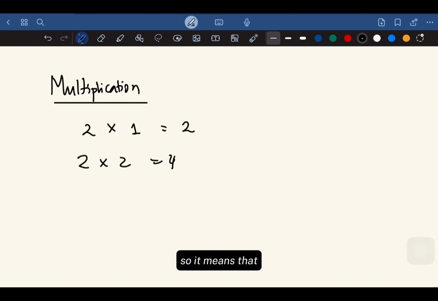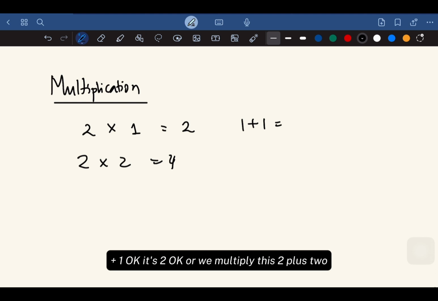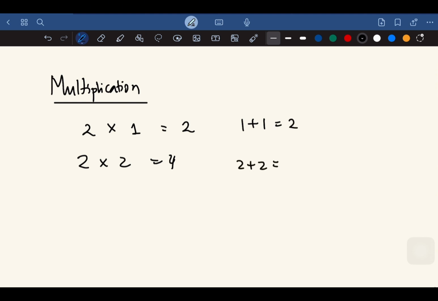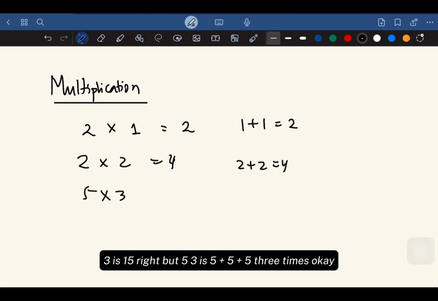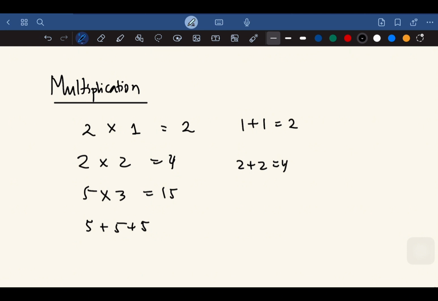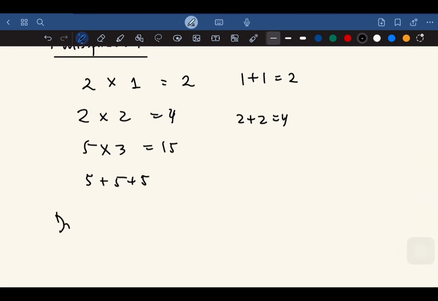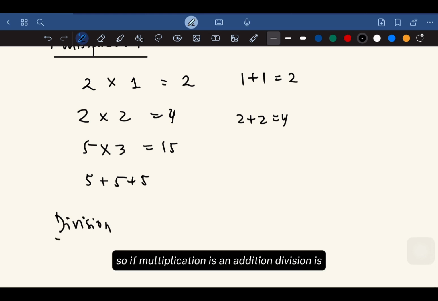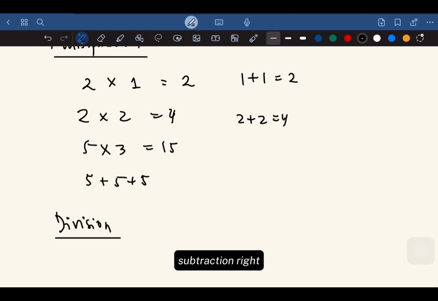So we are multiplying 1 plus 1, it's 2. Or 2 times 2, 2 plus 2 is 4. Or if I say 5 times 3, it's 15, but that is 5 plus 5 plus 5, 3 times. And how about division? If multiplication is an addition, division is subtraction, right?